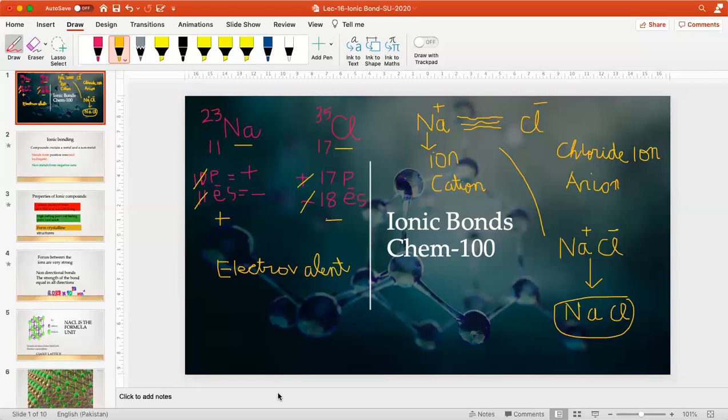There are a couple of different ways to determine if a bond is ionic or covalent. As per the definition, an ionic bond is a bond between a metal and a non-metal. Remember, one will be a metal and the other a non-metal, while a covalent bond is between two non-metals. So this is the major difference.